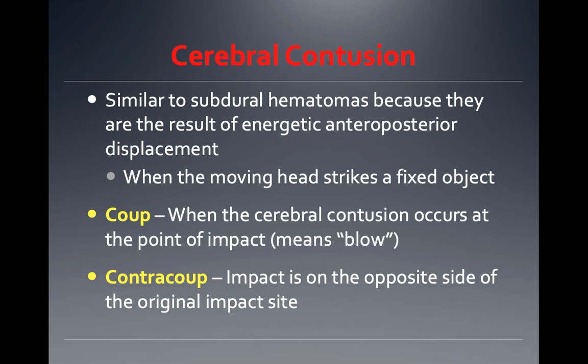A coup type of blow means that there is impact of the brain onto the skull bones, and the brain impacts on just one side. A contrecoup is where the brain kind of rebounds and impacts on the opposite side. So you can have a coup, that's the first impact, and then you can have a contrecoup, which is the second impact.